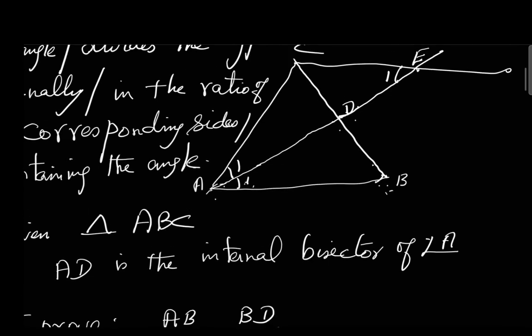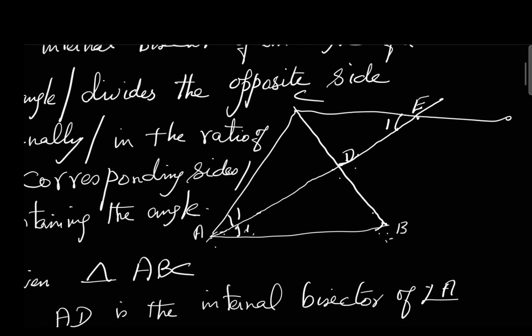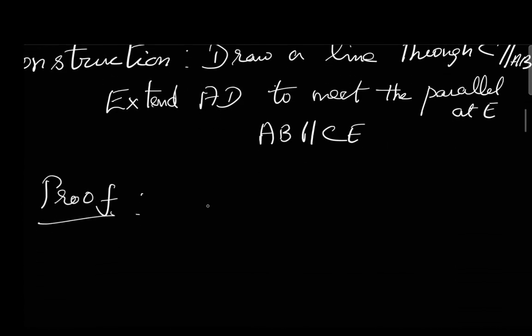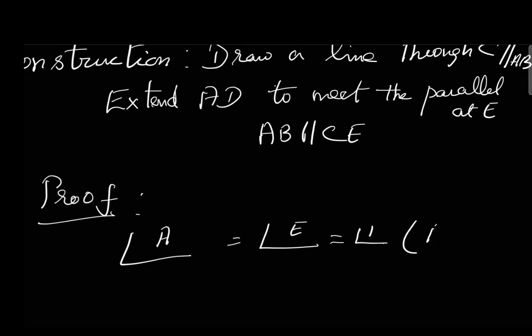This angle is A, half of it, not the full A. And here E. Angle AEC is equal to angle 1 because AB is parallel to CE. Alternate angles are equal. You write the reason, okay?